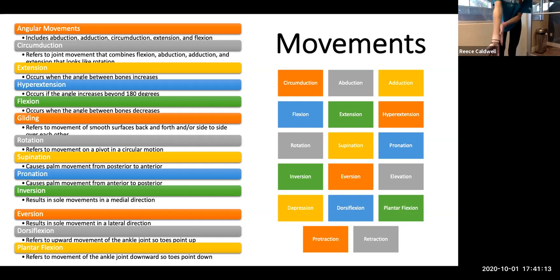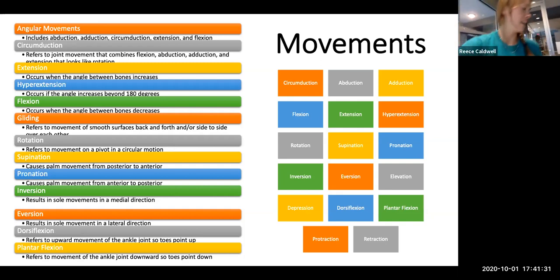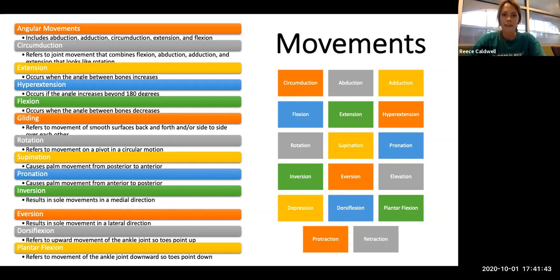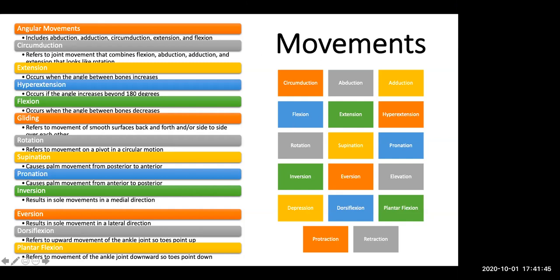The radius and the ulna, the joint formed in between the two. Whenever you do that, the ulna stays still while the radius pivots around the ulna. So any bone that stays still while another bone pivots around it. And the radio-ulnar joint is the only pivot joint that I know of. So that's the only one you would see. Okay, thank you. For sure.